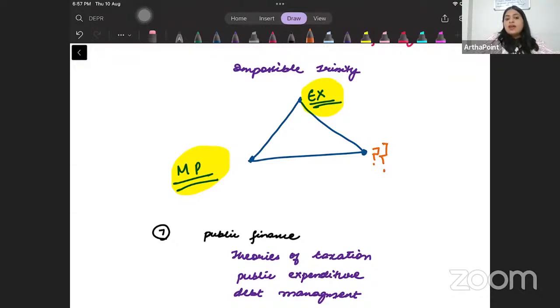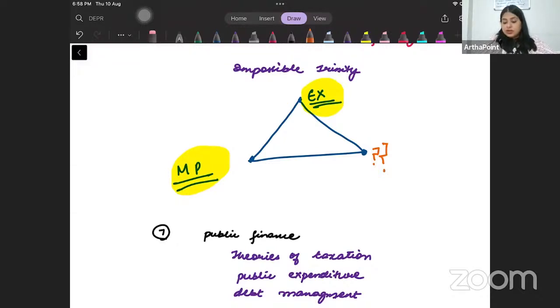Okay, so you should be well aware of this. But you should not only be aware of this, you should also be able to understand how to write this in answers in the exam. So if they ask you about the impossible trinity, you should be aware that you have to make this triangle also.